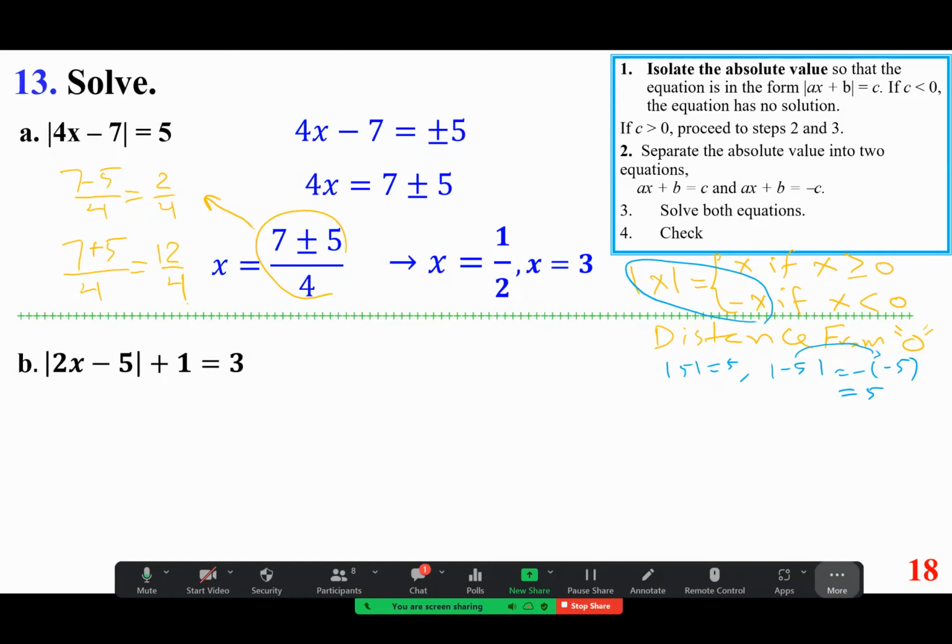In the second case, part B, step 1 is the isolation. So we have to move this to the right. So we subtract it from 3. That is our first step. The next step is to make up two equations. So you either make up two equations or you use plus minus. It means the same thing. We move the negative 5, becomes positive 5.